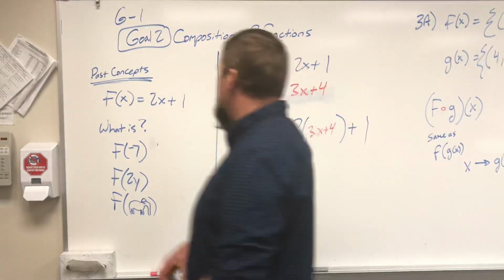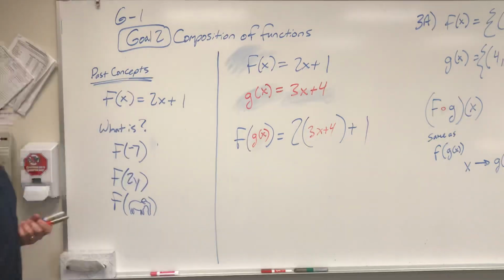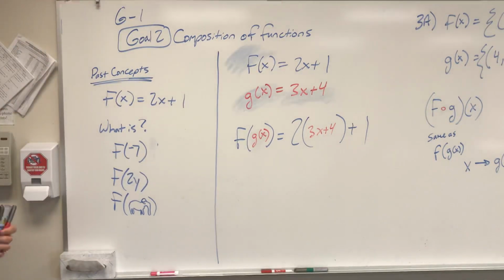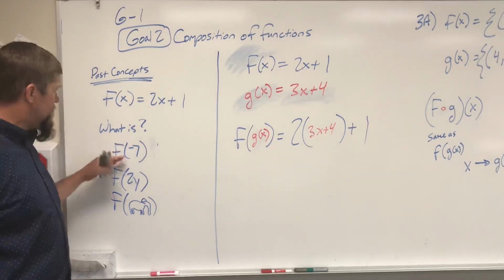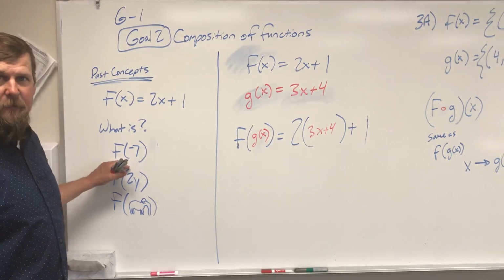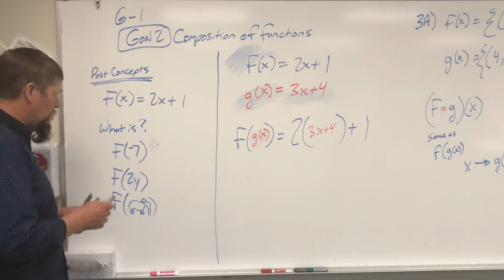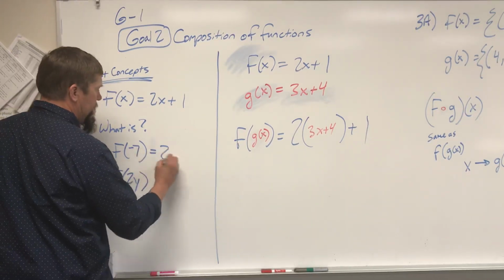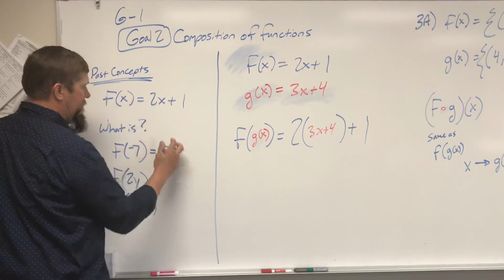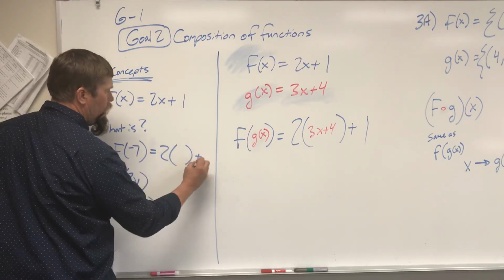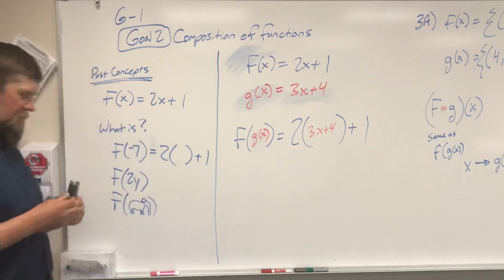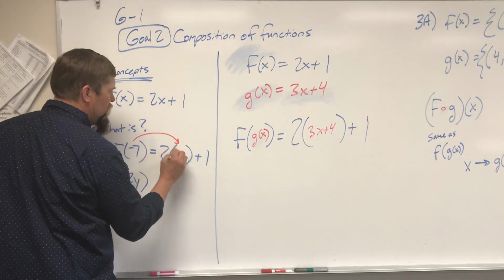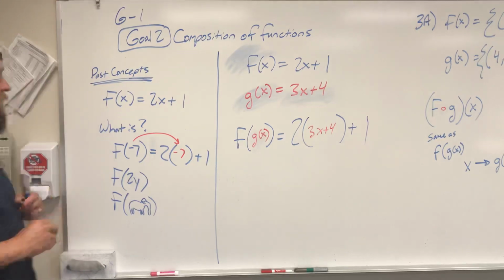First of all, if you're given a function f of x equals 2x plus 1, what is f of negative 7? Well, what we do is we take the f of x function, take out the variable, and we plug in negative 7 where the variable was.